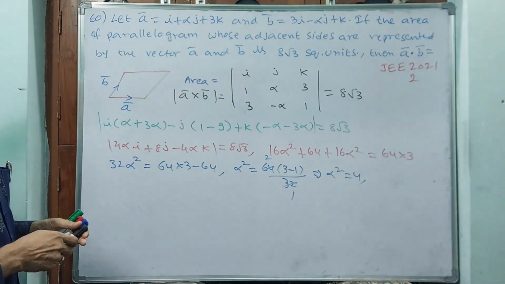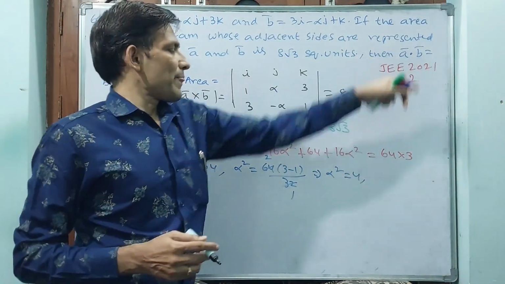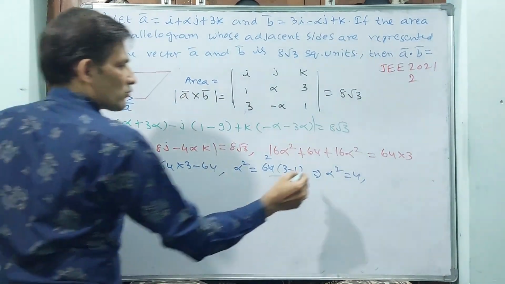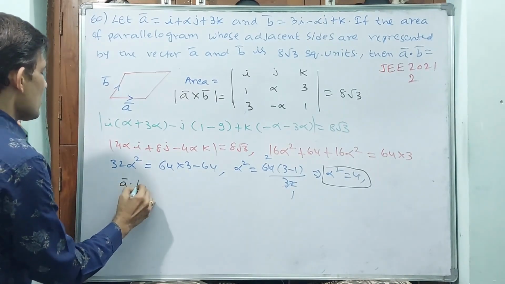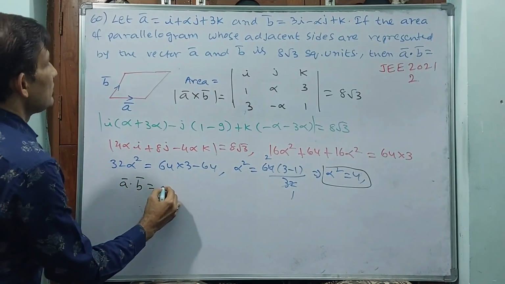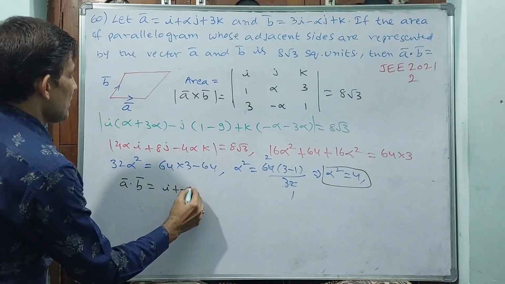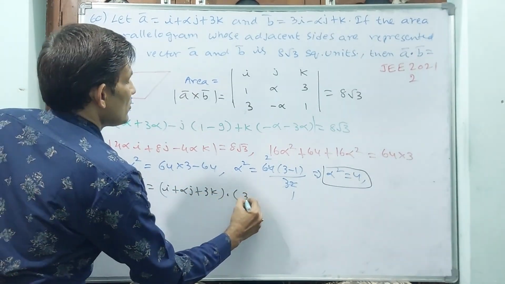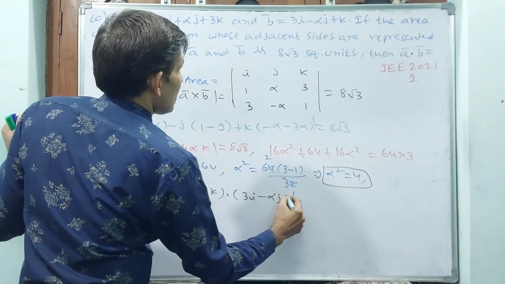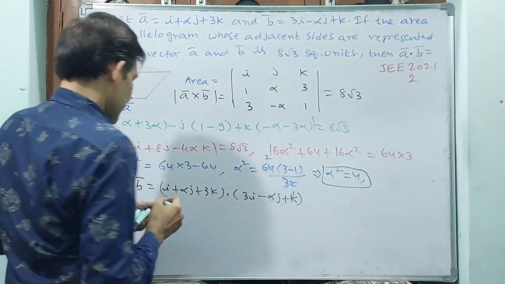Why? Because, wait. Now go for A dot B. α² is equal to 4, you keep like this only. A dot B is equal to (i + αj + 3k) dot (3i − αj + k).